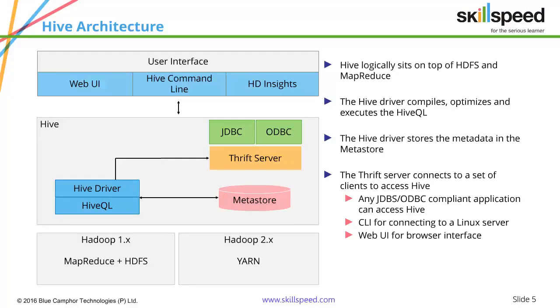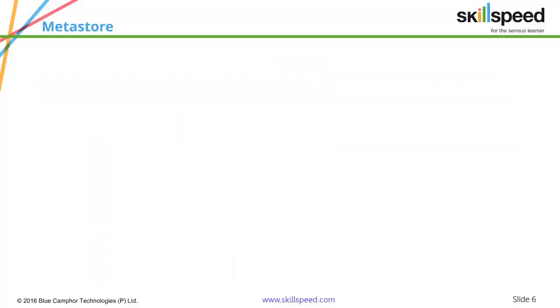Now Hive also has something called a Metastore. Let's see what exactly this is. Why do we need a Metastore? A Metastore stores information about the tables and databases that you create inside Hive.